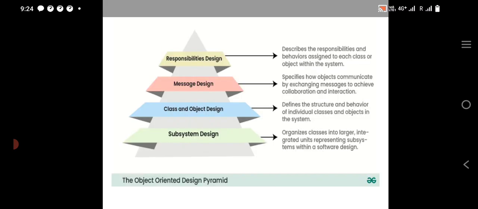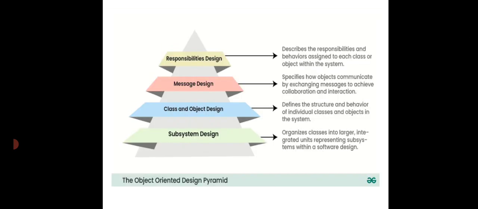Let me see the pyramid of object-oriented design. In that, responsibility design describes the responsibility and behavior assigned to each class or object within the system. Message design specifies how objects communicate by exchanging messages to achieve collaboration and interaction.